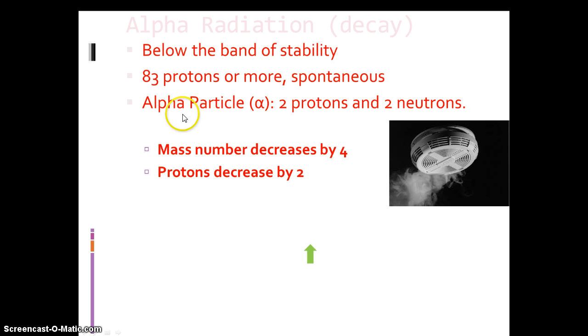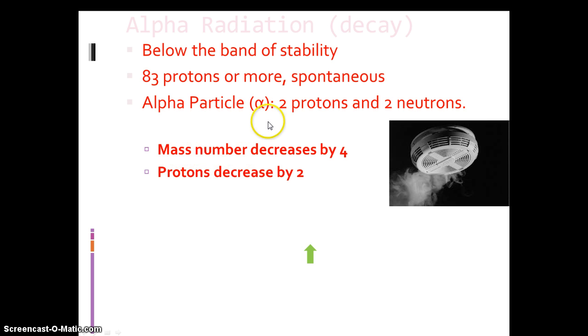What they give off is called an alpha particle. An alpha particle actually looks like a helium atom. You want to remember what it looks like and what the pattern is in the decay process. Alpha is this Greek letter. An alpha particle has 2 protons and 2 neutrons.